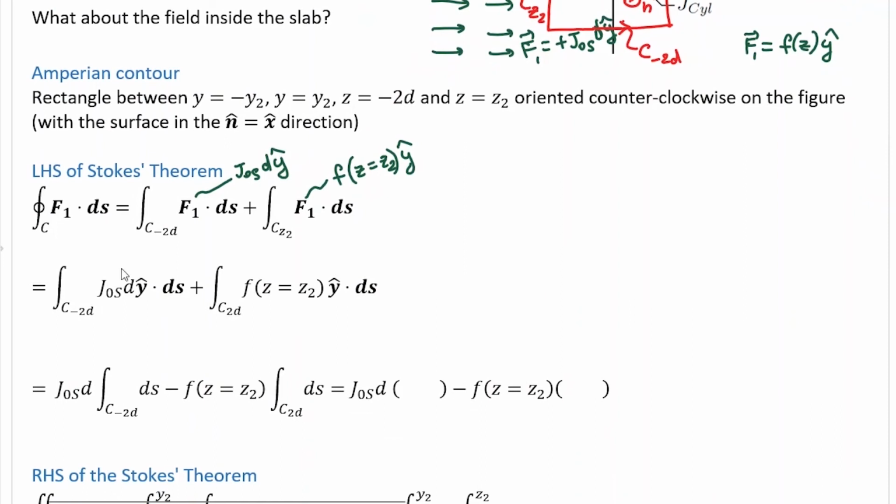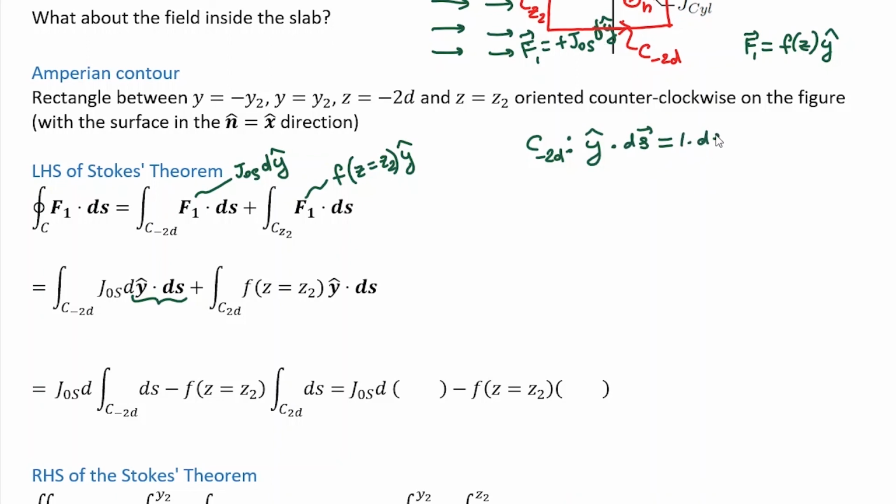Then in the next step, I simplified y hat dot ds. So for the line at negative d, we would have y hat dot ds equal to 1 times the magnitude of ds, times plus 1 because they are parallel.